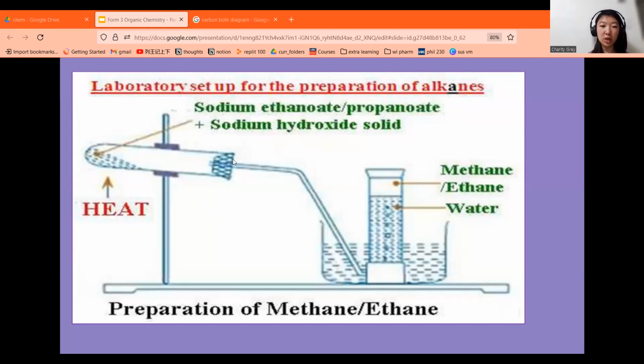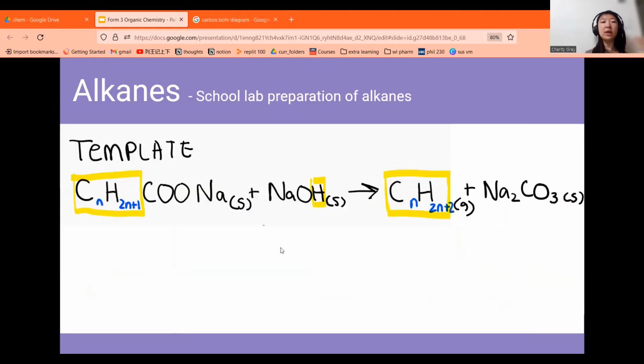And that goes into the tube, and it goes down, it becomes gas. It goes into this tube. It goes down through the water, and then inside this pipe, it will float up because it's a gas. It's a bubble, so it'll float up and be collected up here through the water. So here's the template for preparation of alkanes in lab.